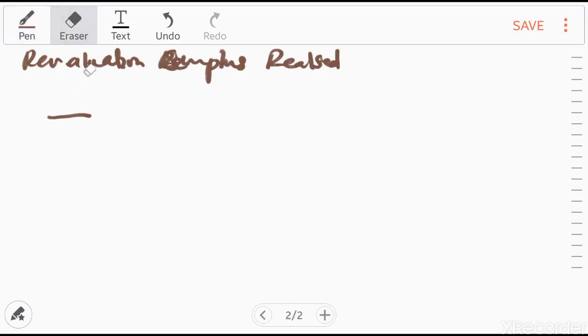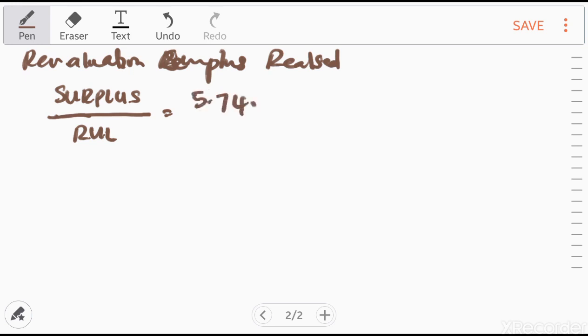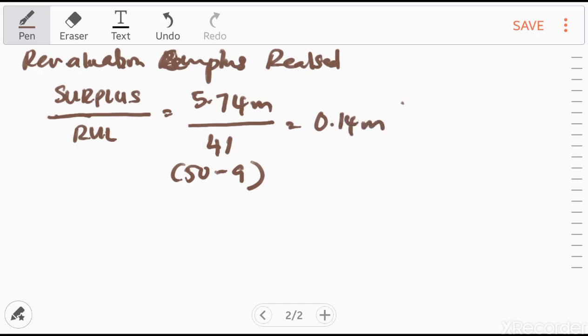This only happens if there is a surplus. It won't happen if there is a deficit, because the word says revaluation surplus realized, divided by the remaining useful life. The surplus was 5.74. You can do this if the company adopts the straight line method. If it's adopting the reducing balance method, you cannot do this. The remaining useful life now is 41, remember, 50 minus 9. So you'll get 0.14 million, and this will be number 4.